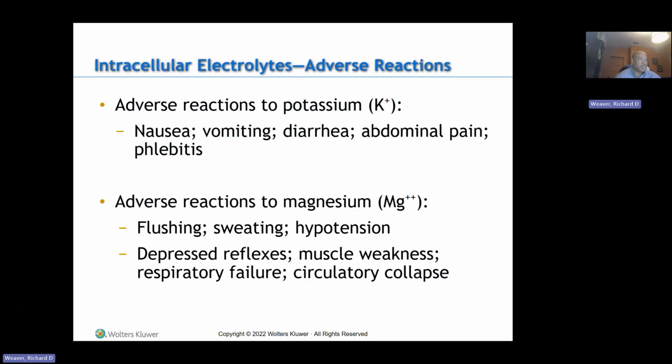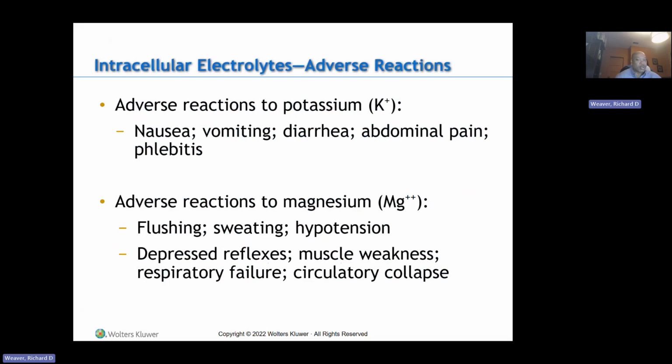Also, salt substitutes. Now, this will fool you because you're thinking, well, it's not salt like sodium chloride that I'm putting on my food. I'm just using a salt substitute. Well, salt substitutes have potassium in them.